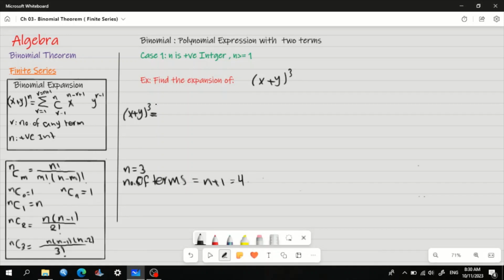using this general form. So the first term, here r is equal to 1. So I have here 3 combination 1 minus 1, equal to 0, and x to the power n minus r plus 1. So here 3 minus 1 plus 1, and y here with power r minus 1.